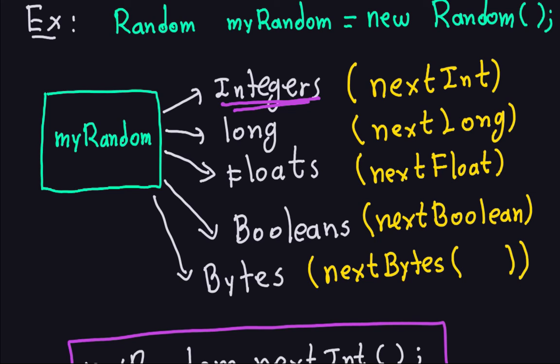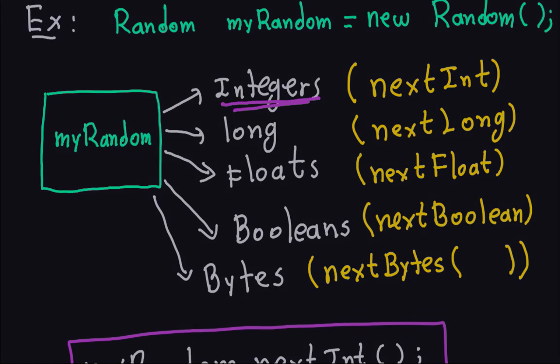So I'll go back to Eclipse and run through all of these things so you see how they work: next long, next float, next boolean, and so on. Then we'll move on to the other part, which is streams, doing this with the object that we created, which we call myRandom. So I'll see you in the Eclipse application.